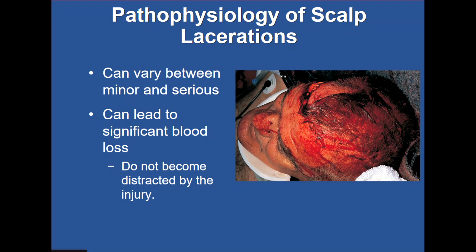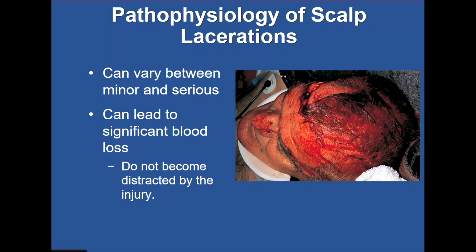Alright, so scalp lacerations can indicate something below that scalp injury, and you're going to look at the mechanism of injury, what caused it, and that will increase your index of suspicion as to what's lying underneath it. Often, like we mentioned before, these bleed like crazy. They can be very distracting because blood is running down over somebody's face.